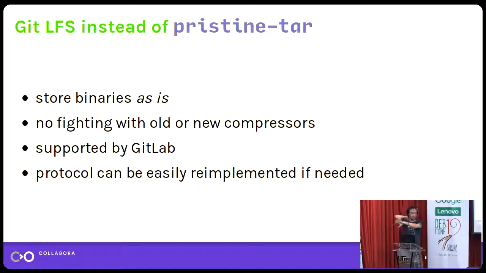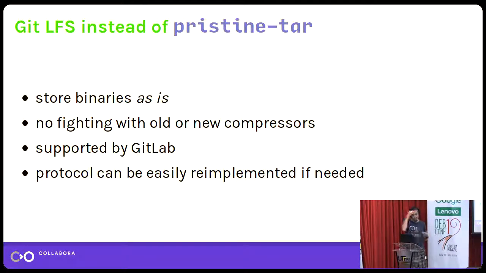The server is supposed to store them. If it doesn't, the push fails. And when you check out a commit of a repository where Git LFS is used, Git filters are used to recreate the file in place of the metadata file. So if we use this instead of pristine tar, we don't need to fight with compressors anymore because we just store the file as it is.